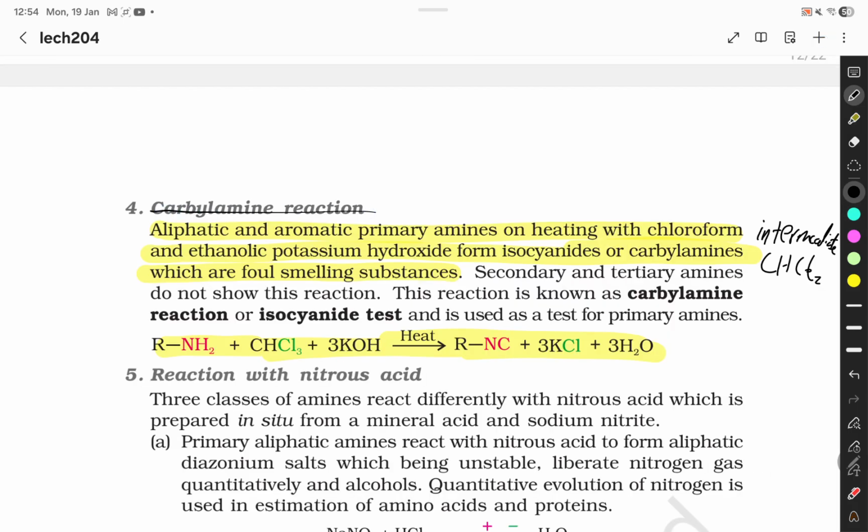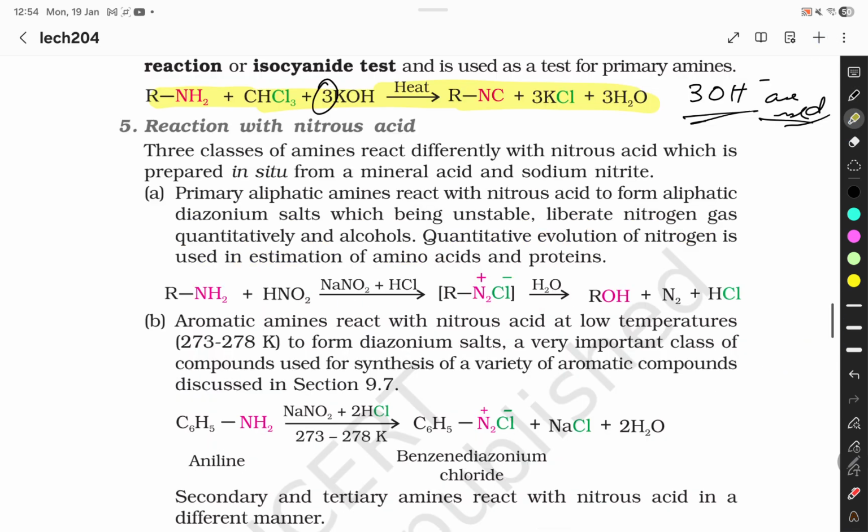Then you have the carbylamine reaction. In the carbylamine reaction, you have to remember the stoichiometry, which is 3 KOH, 3 moles of OH minus are used. Remember that, please. Now, nitrous acid has come in a test recently, but basically three classes of amines react differently. We have to prepare nitrous acid in situ.